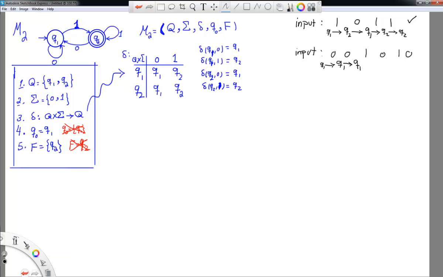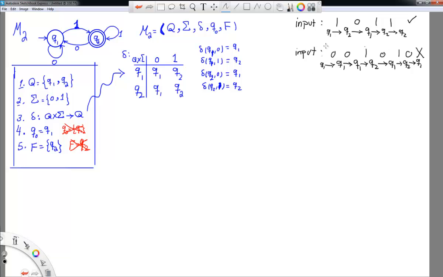You're in q sub 1 and you see a 1, you go to q sub 2. From q sub 2, if you see a 0, you go back to q sub 1. In q sub 1, when you see a 1, you go to q sub 2. And in q sub 2, when you see a 0, you go back to q sub 1. q sub 1 is not an accept state, so you reject this string.